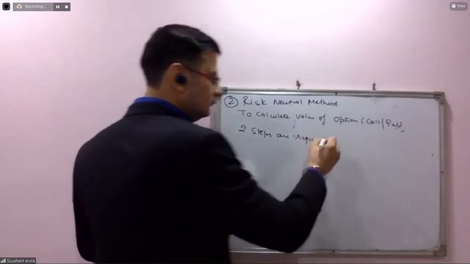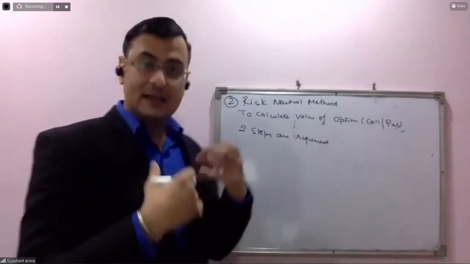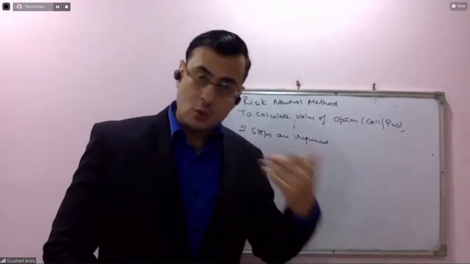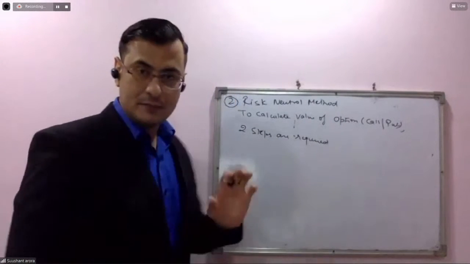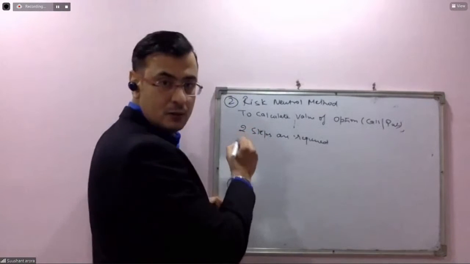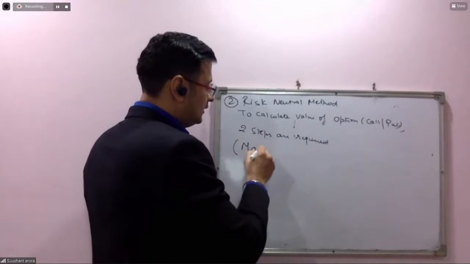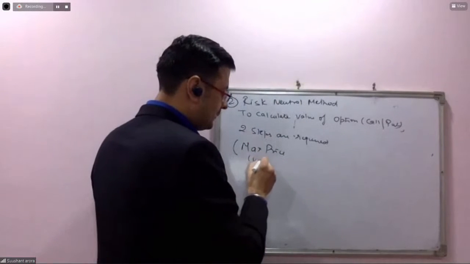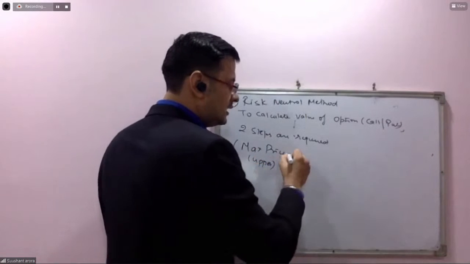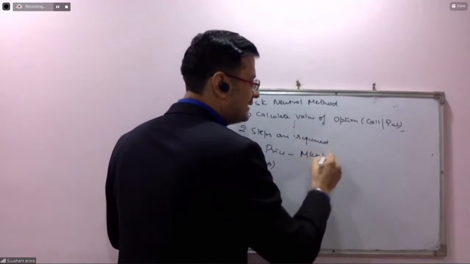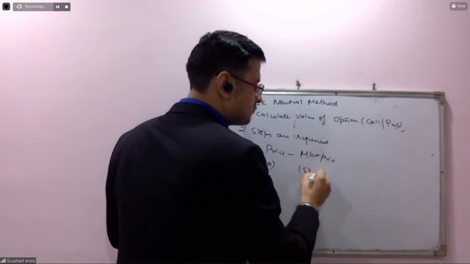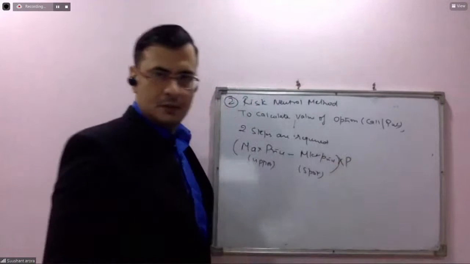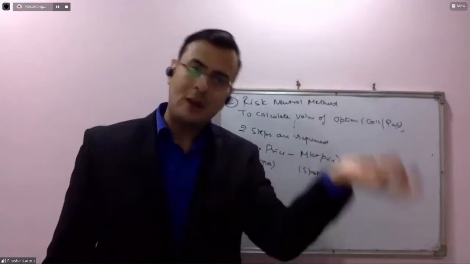If it is a call option, it will be exercised only when the maximum price exceeds the current market price. So see the formula very carefully. Maximum price means the higher price, the upper value, minus the market price, which means spot, into the probability P, because here also you have an upper value and a lower value.